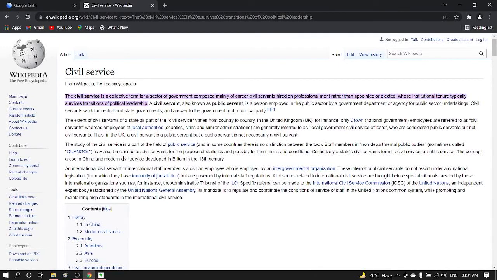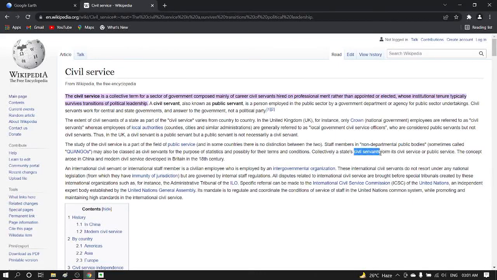The officers serving the quangos may also be classified as civil servants for the purposes of statistics and possibly for their terms and conditions. Collectively, a state's civil servants form its civil service or public service.